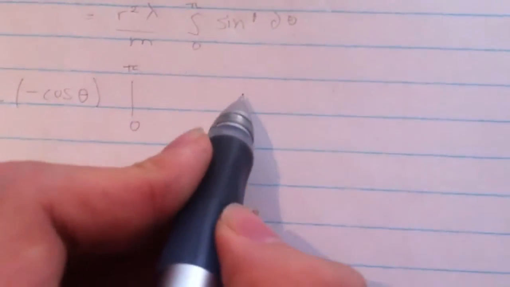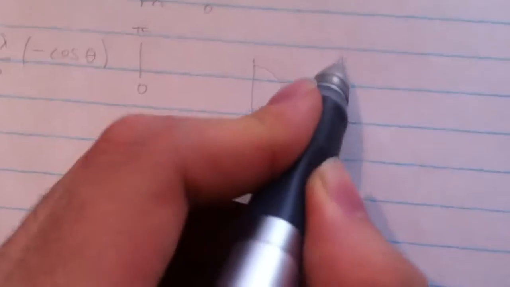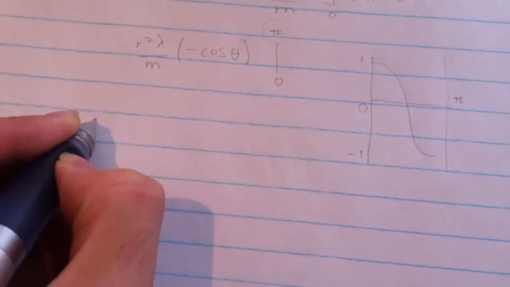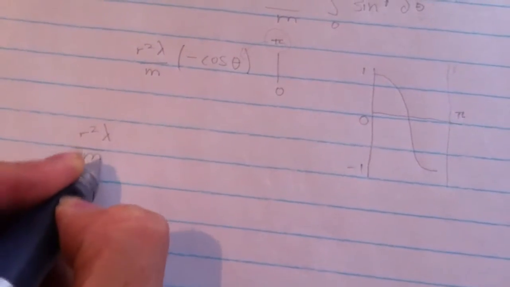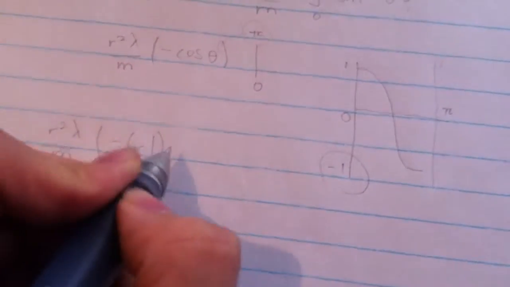From here we have to draw a cosine graph, which is easily drawn like this, where this is 0 and this is pi. This will be 1 and negative 1. So if you plug pi into theta, we will get r squared lambda over m times minus, multiplied by minus 1, and that will give us a positive.